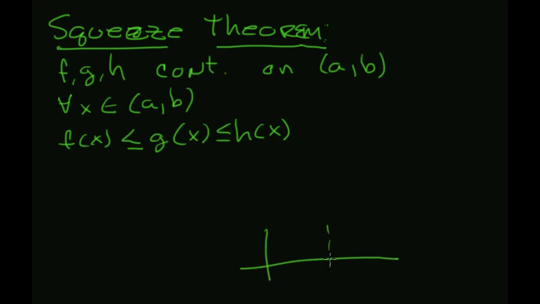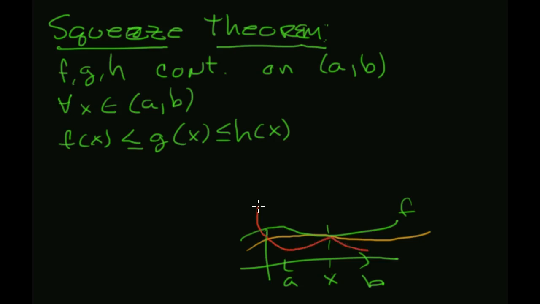I have some x, I have an interval a, b, and I have three functions: one called f, one called g, and one I'm going to call h. So h is the red one, the orange one is g. So I have these three functions.